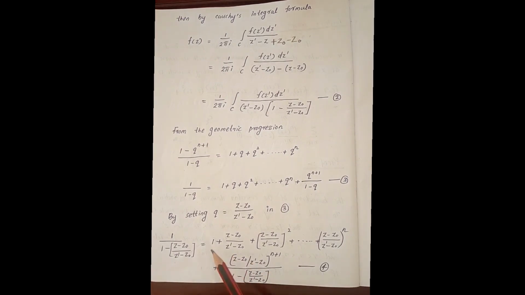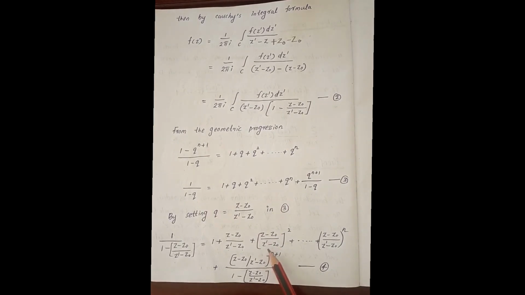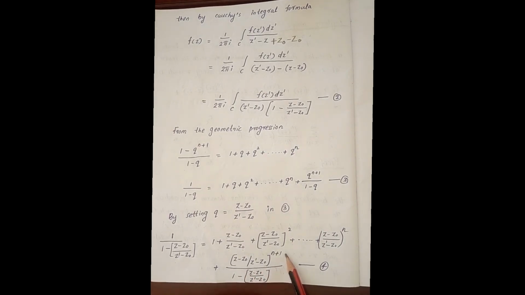We will get 1 + q, that is (z - z0)/(z' - z0), and q^2, (z - z0)/(z' - z0) all squared, etc., up to (z - z0)/(z' - z0) all raised to n. And now this term: ((z - z0)/(z' - z0))^(n+1) divided by 1 minus (z - z0)/(z' - z0).